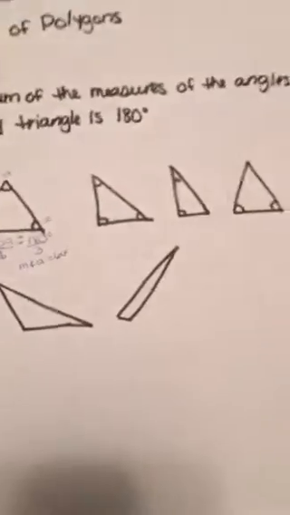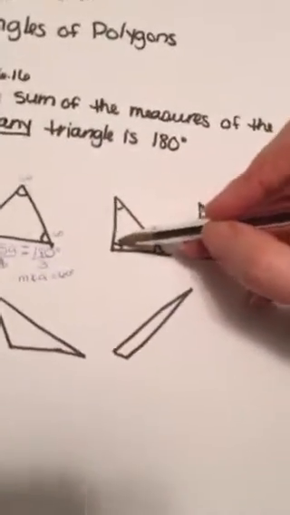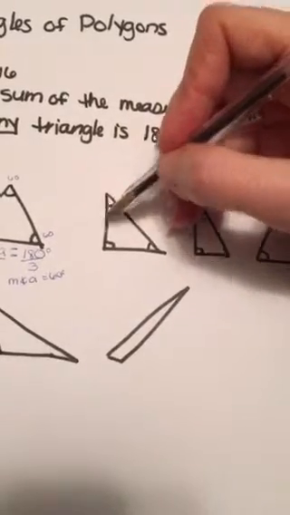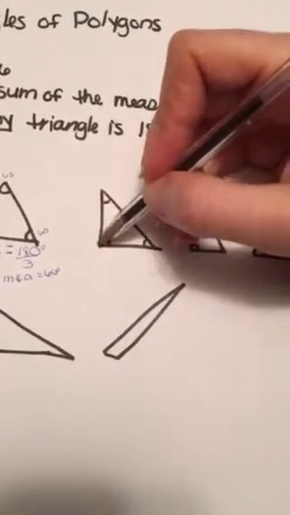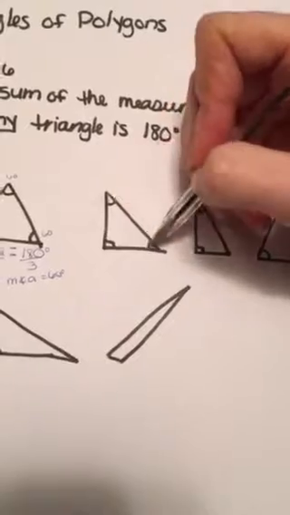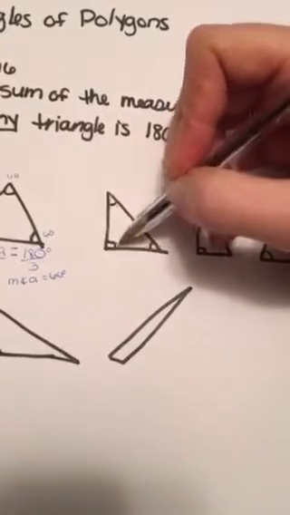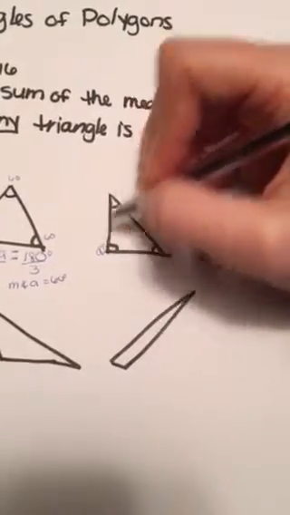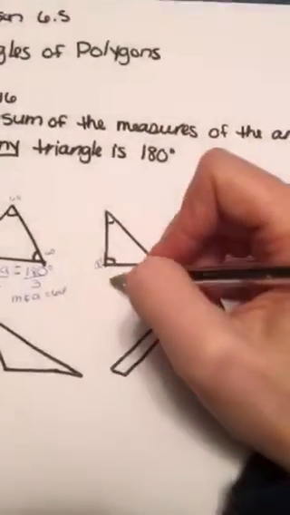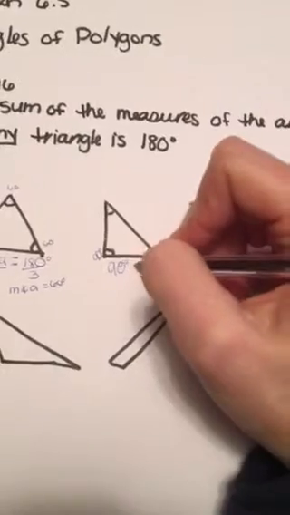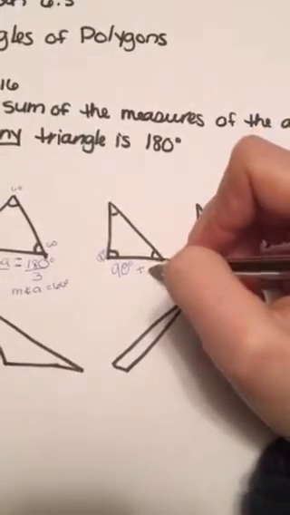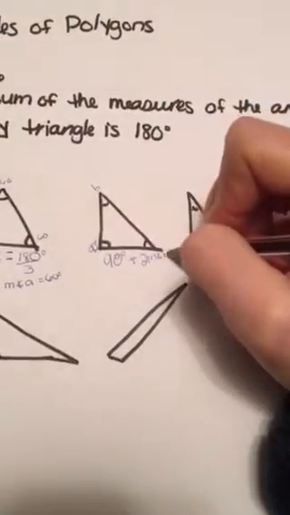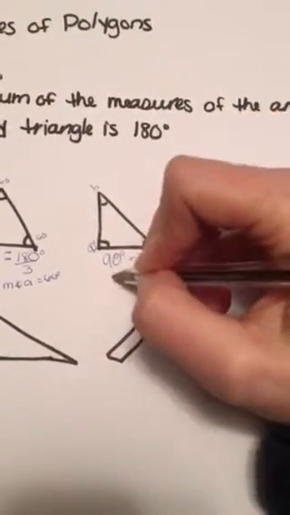Here I have an isosceles right triangle. An isosceles triangle has 2 sides that are equal. These angles are equal, so that means these 2 sides are equal. I know that this is 90 degrees, but I don't know how much these other 2 angles are. Well, 90 degrees plus 2 times the measure of angle B, I'll call this angle B, equals 180 degrees.